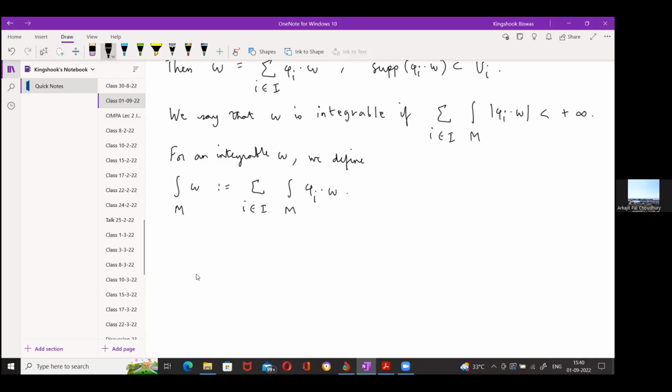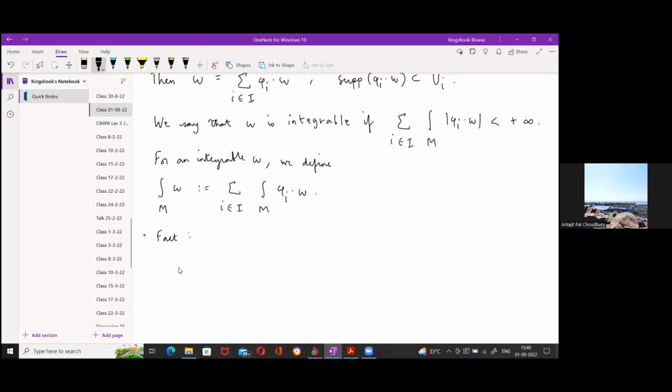Oh, one comment here, a fact. This integral of omega over M is well defined, independent of the choice of cover and partition of unity.